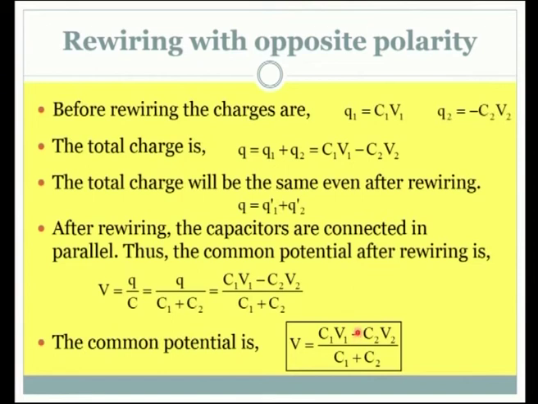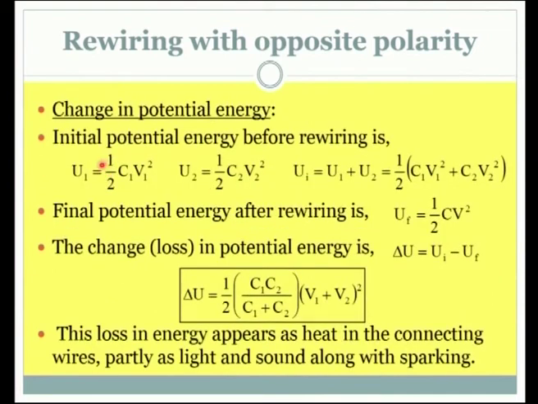We have a negative sign here when we compare it with the earlier expression. Because of that, what is happening? We want to find out the energy change. So, when we find the energy change, the initial energy for the two capacitors and the summation is shown here. The final energy is taken like this, of CV square. We have to substitute for the C, which is C1 plus C2, and the common potential. So, when we plug in the values, we get this as the expression.